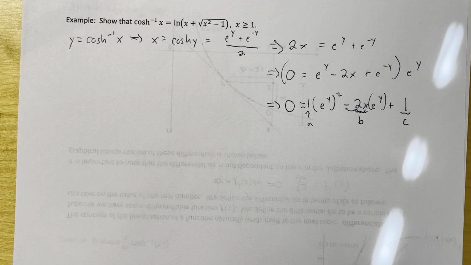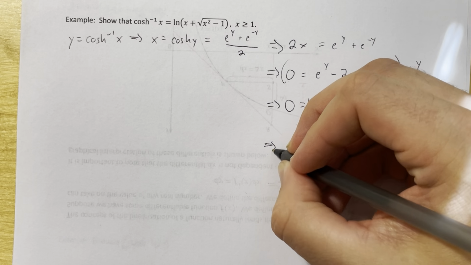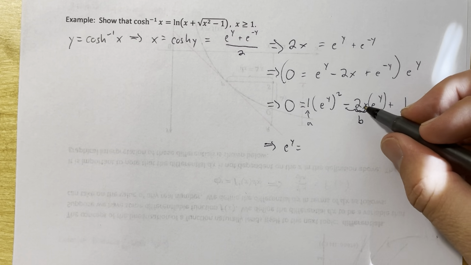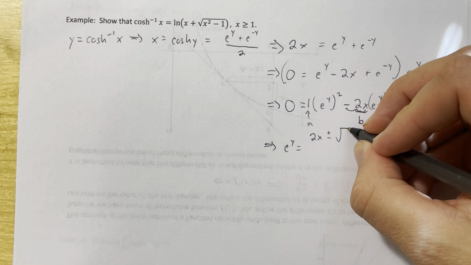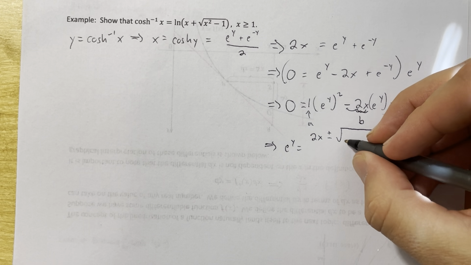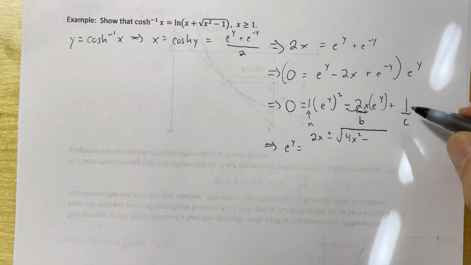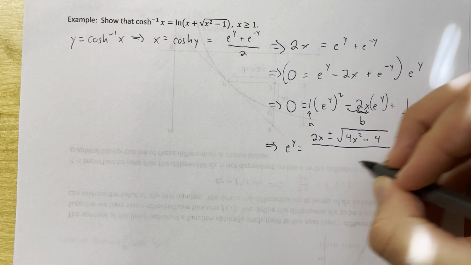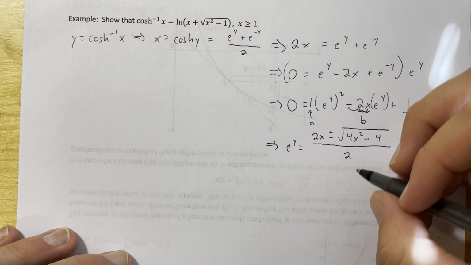I can use those in the quadratic formula because this is set equal to 0. So this implies that my variable e to the y is equal to negative b, which would be positive 2x, plus or minus the square root of b squared, so that's negative 2x squared, which is 4x squared, minus 4ac, 4 times 1 times 1, that's 4, all over 2a. 2a is 2 times 1, so it's still 2.